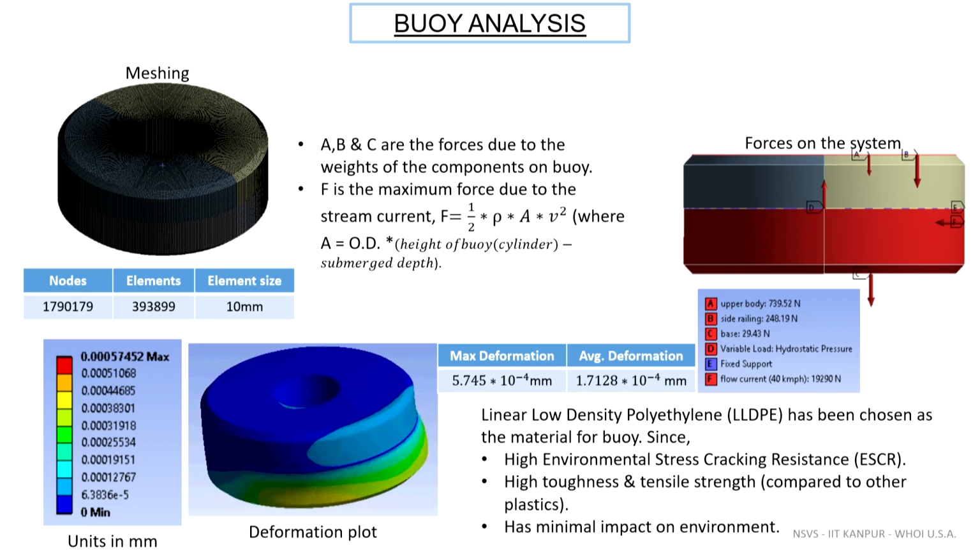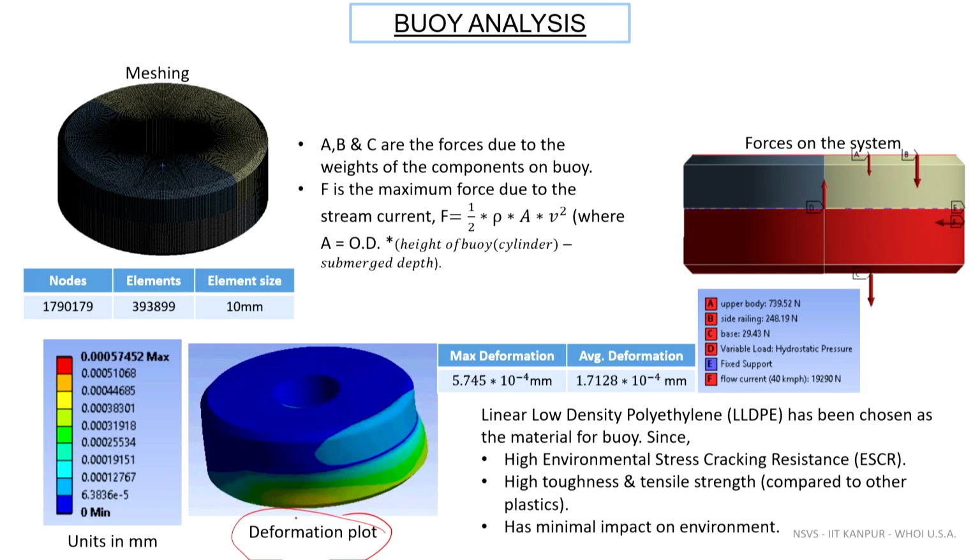So, here is the buoyancy analysis that we have carried out, and you can see how we have first of all figured out the forces and the maximum force that is possible in the system, and then corresponding to that force, what is the deformation that is coming up in the system, and of course, the stability margin that I already told you.